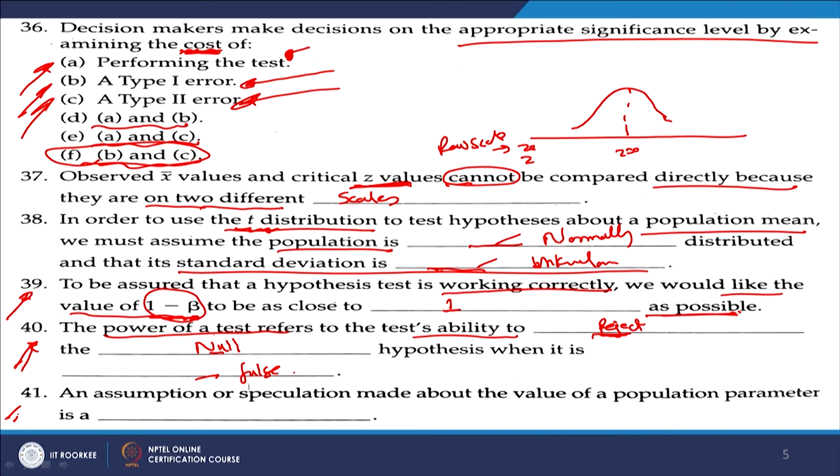Let us look at question number 41. An assumption or speculation made about the value of a population parameter is what?